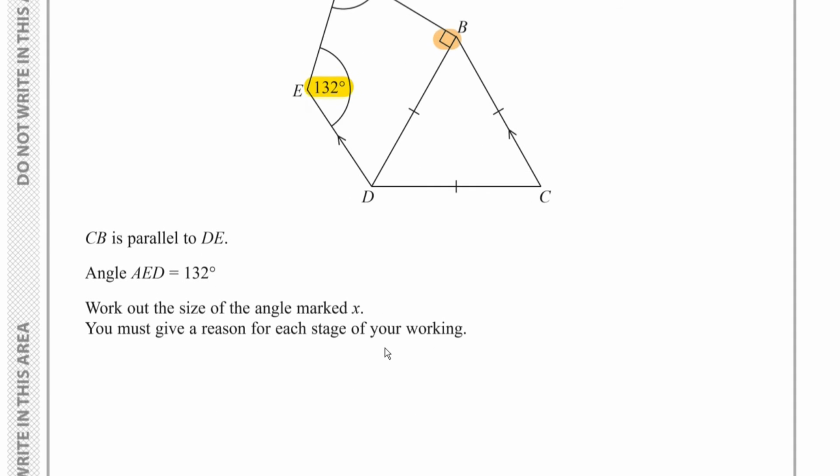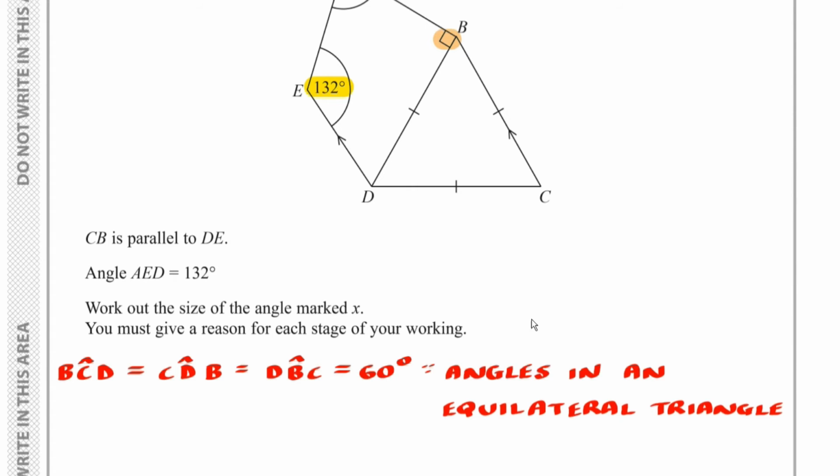Now, the first thing we can recognize is that the angle BCD equals the angle CDB equals the angle DBC, which is equal to 60. And that's because angles in an equilateral triangle are equal. So that's shown here.